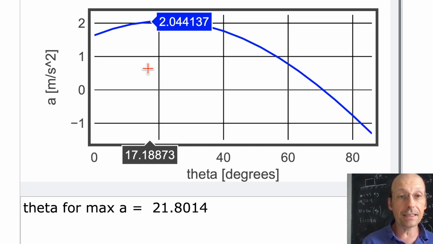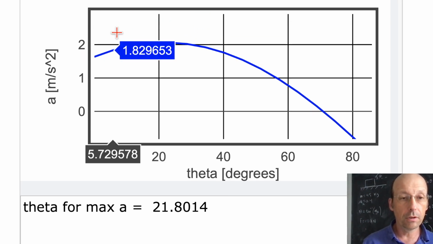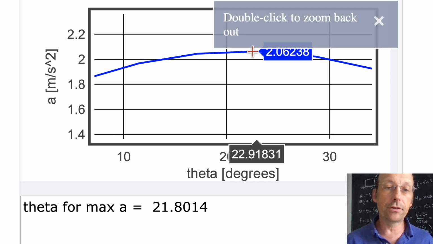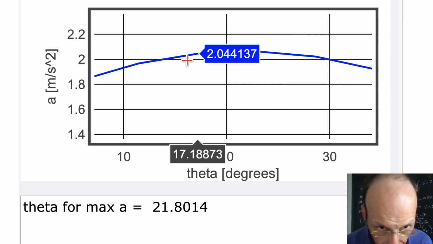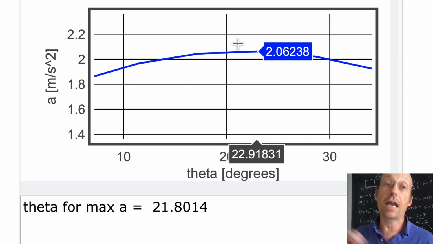And in this case, I can actually zoom in. You can scroll, zoom in like that. So it makes it a little bit easier to find out where the max is. And you can actually see the data points, right? Because there's a data point and there's a data point. So I need a smaller d theta to really get at it.